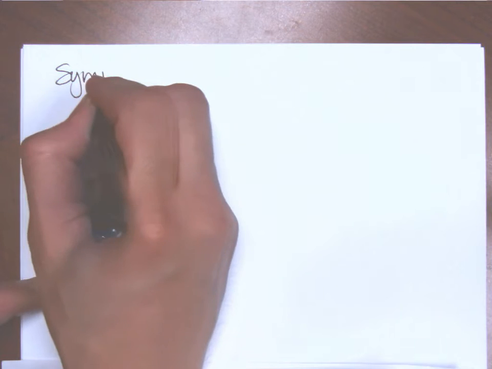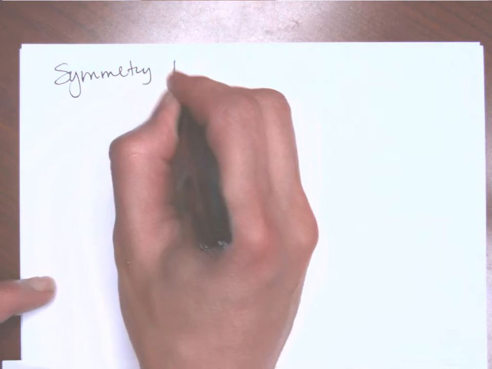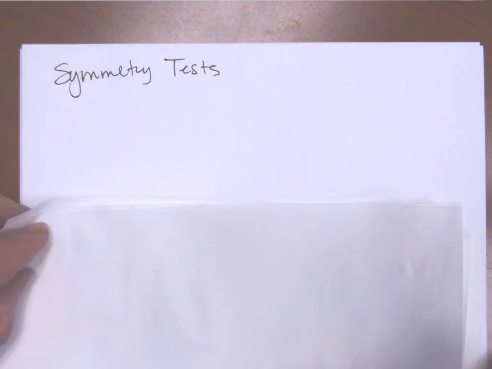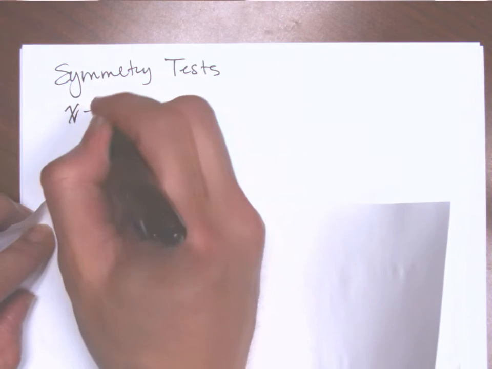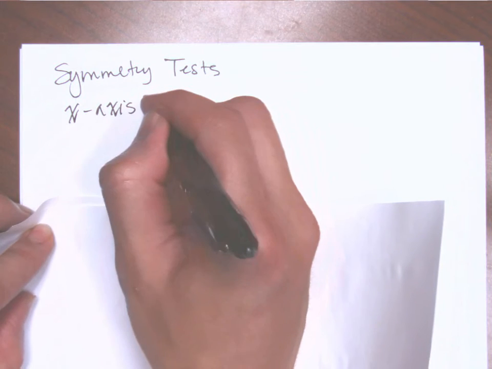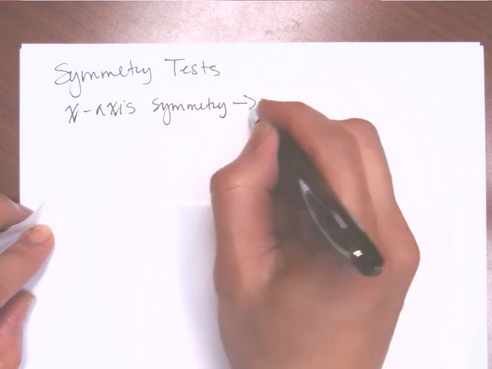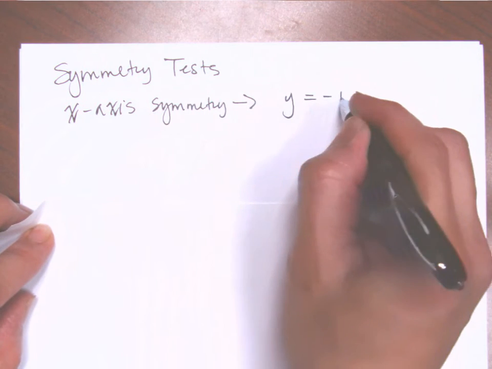Now we need to test for symmetry. So, symmetry tests. We do have 3 of them. Remember, for x-axis symmetry, we want to take y and plug in negative y.